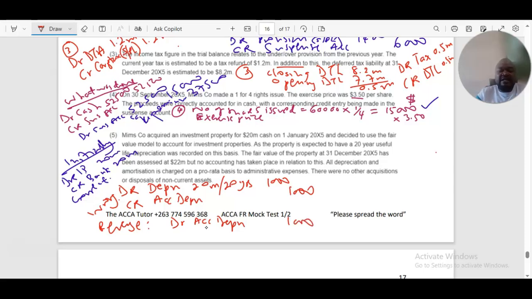And then we are also crediting the depreciation account. But remember, we are told that this is in admin expenses. So we are going to credit the admin expenses, which means we'll be reducing the admin expenses by how much? By 1,000.